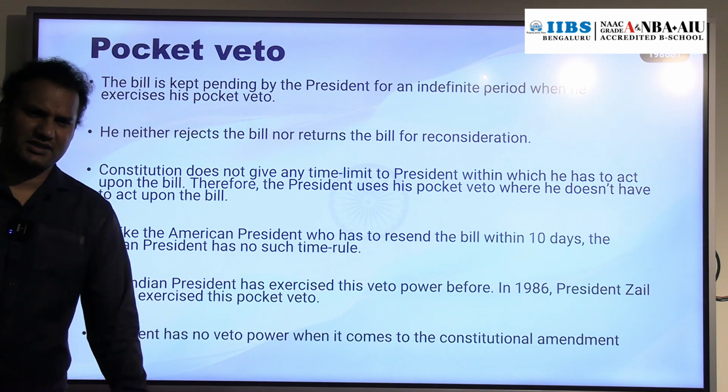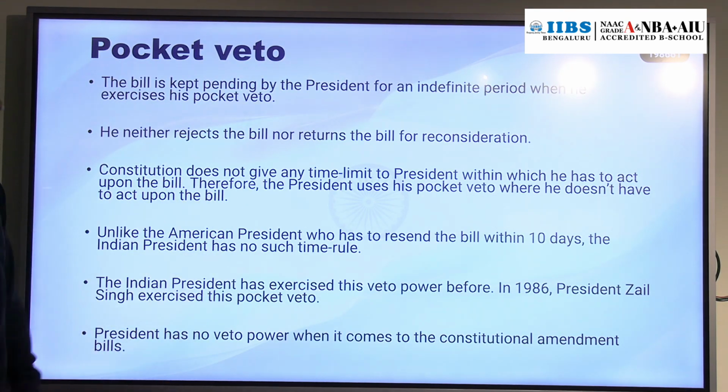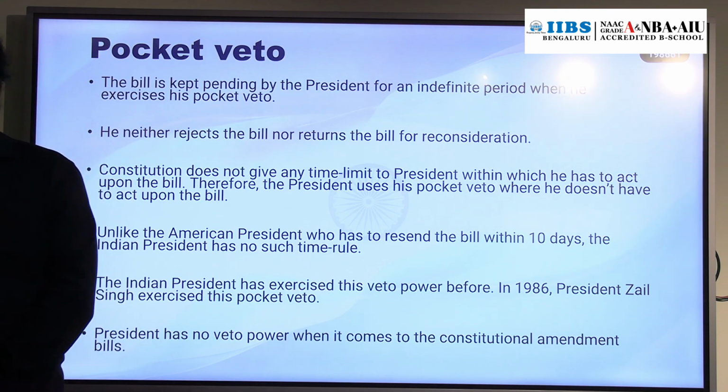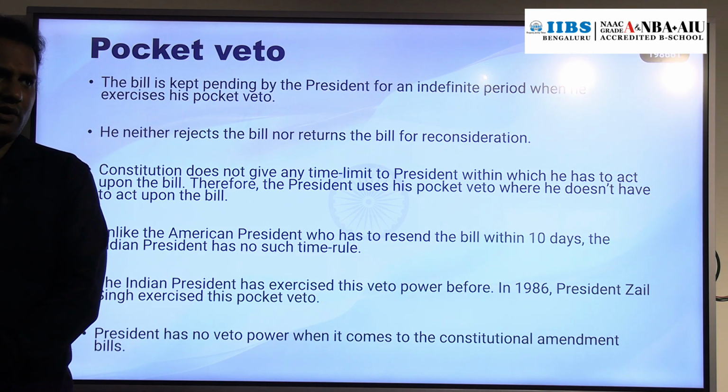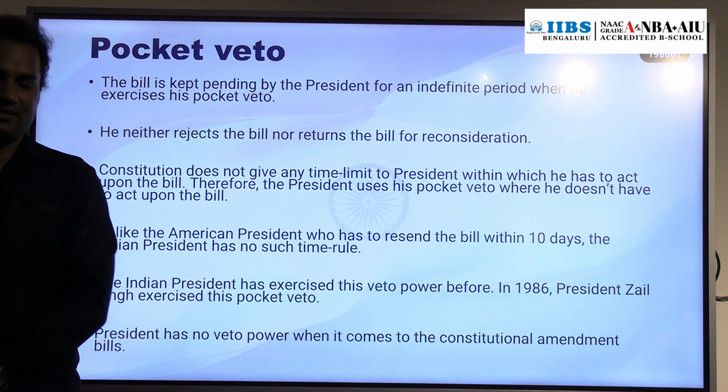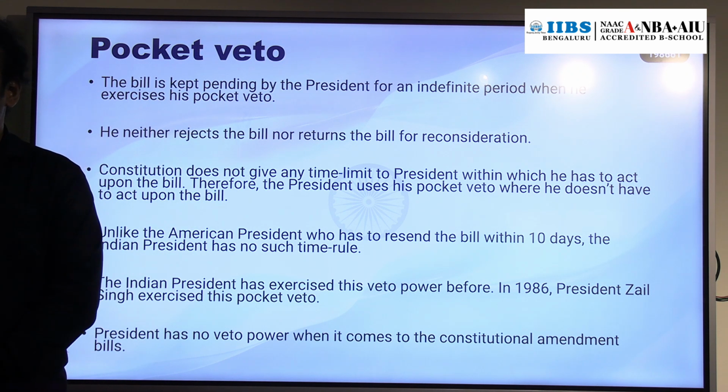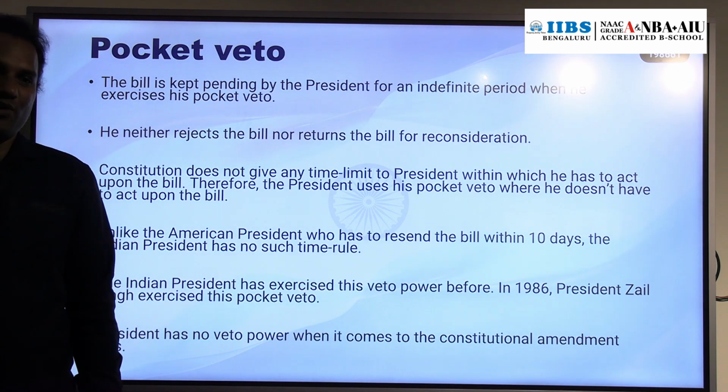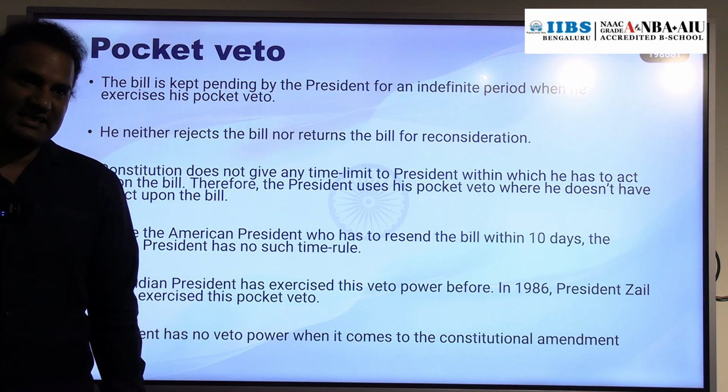Actually he was a Sikh president. So Gyani Zail Singh exercised this pocket veto. Many cases are there where the president has exercised the pocket veto. And regarding a legislature bill, there is also no such limit. In parliament there is no such limit for pocket veto, so no question about legislature.